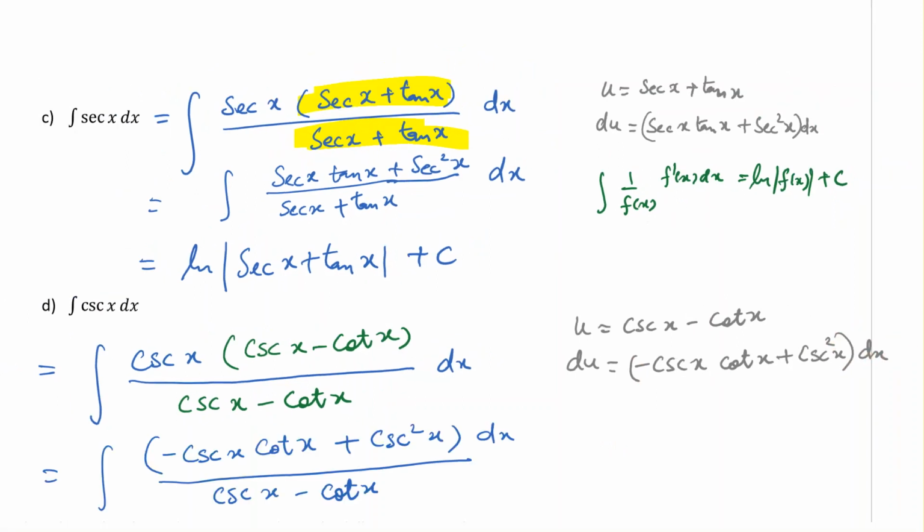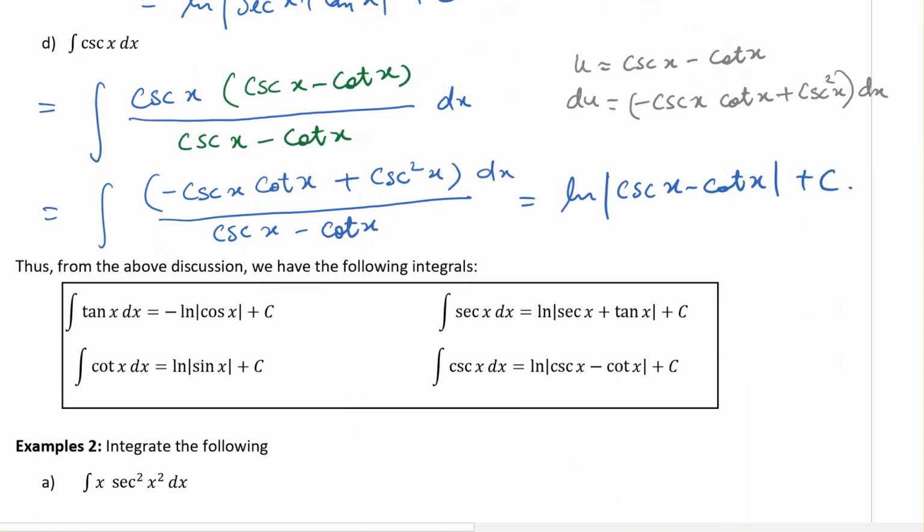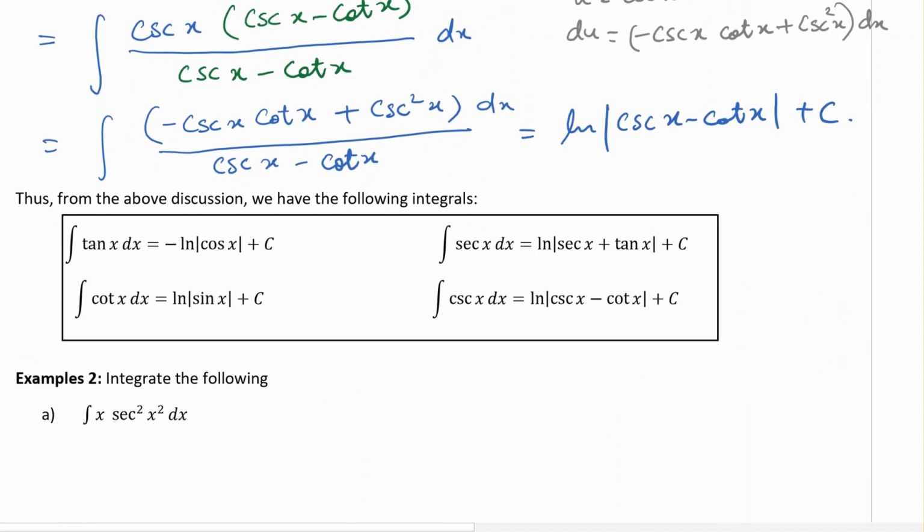Hence, we have the reciprocal of the function times the differential of the function. So our integral should be ln of the absolute value of cosecant x minus cotangent x plus c. Therefore, from the above discussion, we got the four new formulas for our basic trigonometric forms.